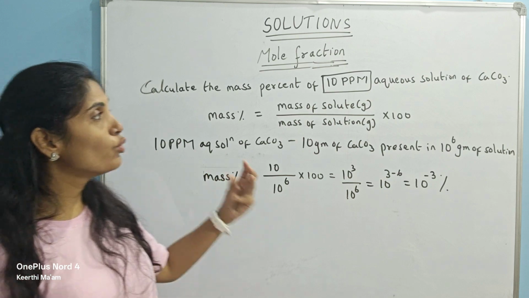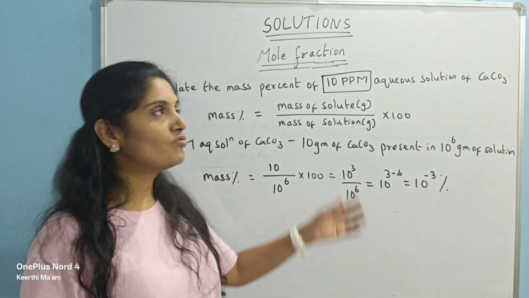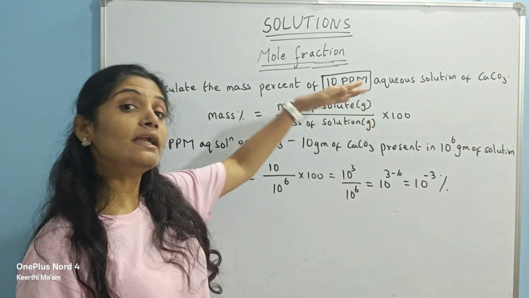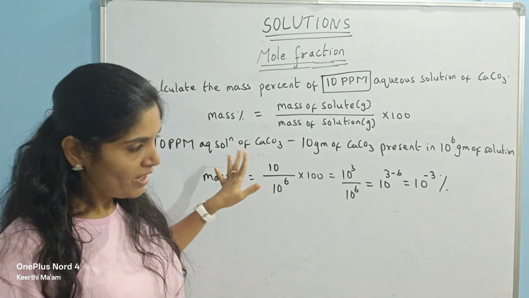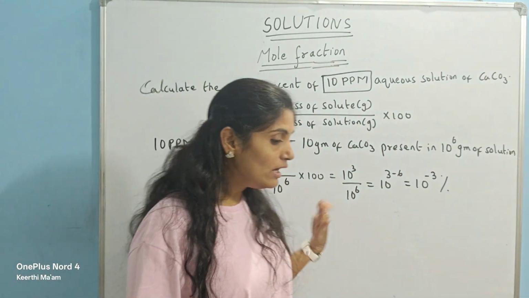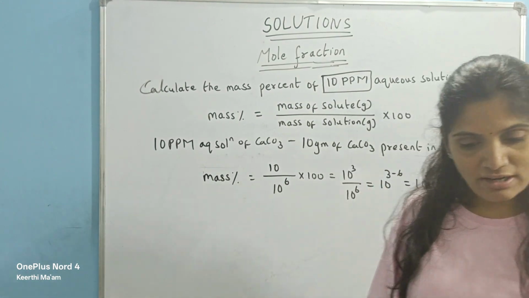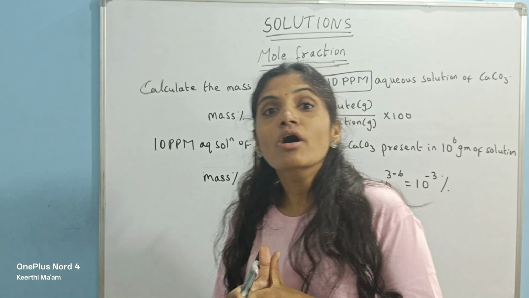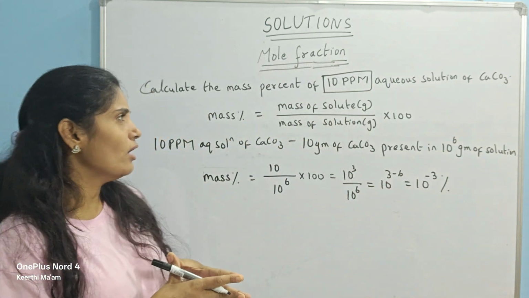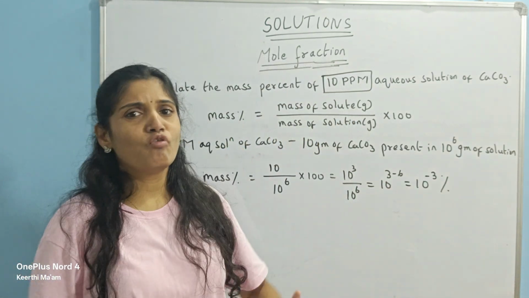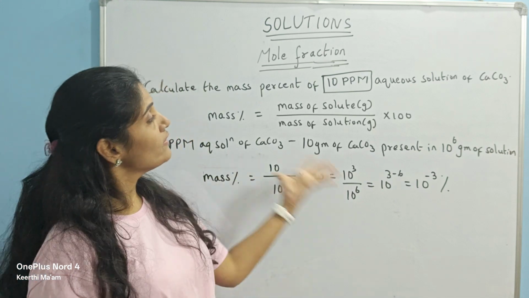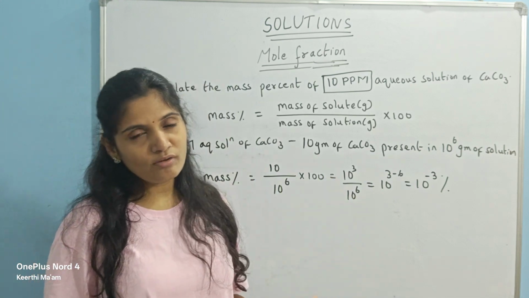This is how you use ppm as one of the concentration terms and calculate some other concentration term. This is how in this chapter we keep linking each and every concentration term. In the next class, we will be learning a few formulas. We have seen the individual concentration term formulas.